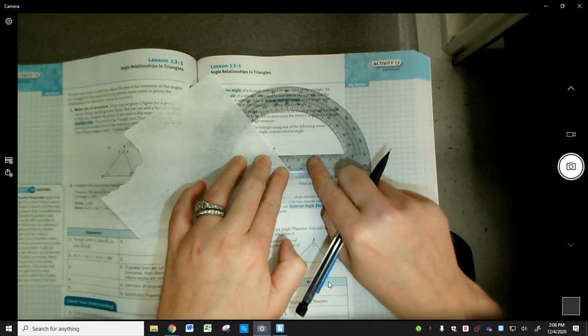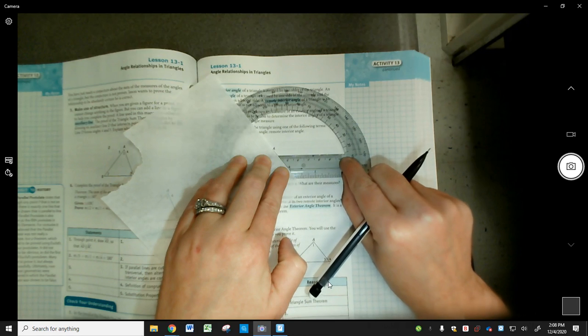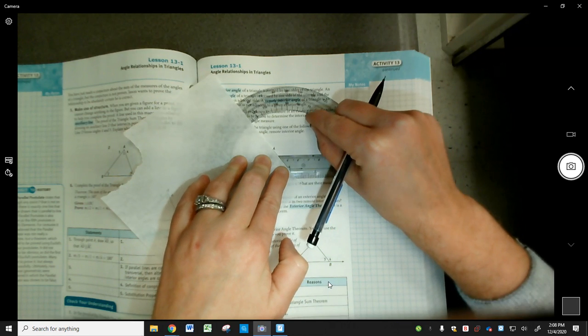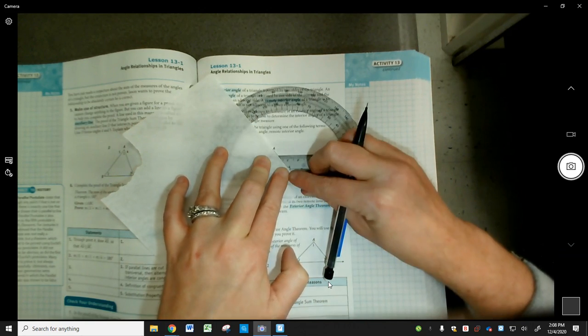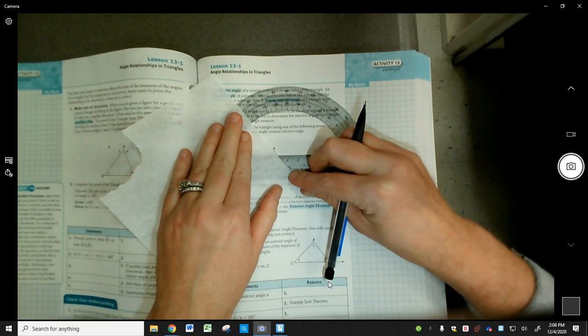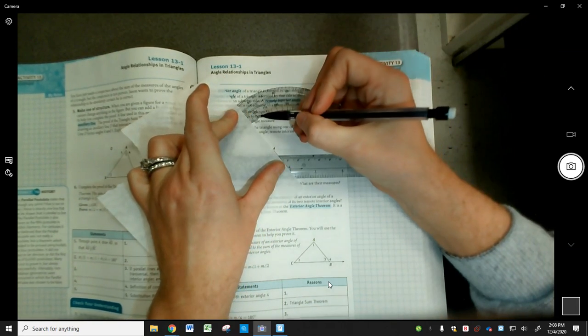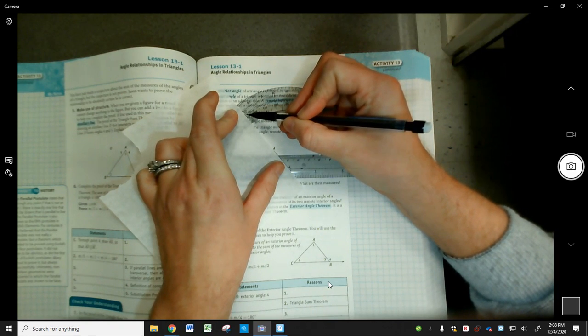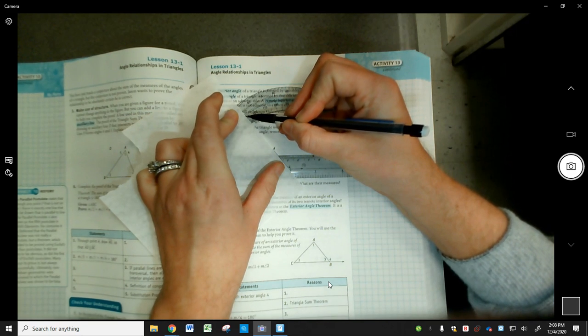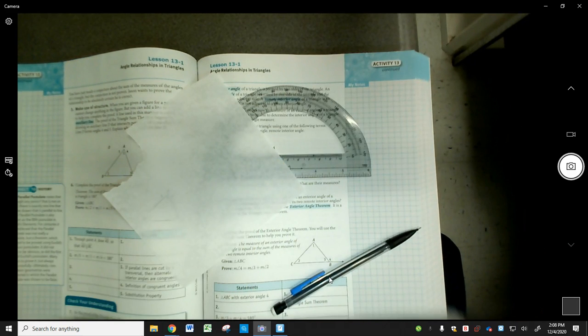And then let's look at angle 4. So we're measuring this angle here. We're again going to start with 0 and go around. And it is an obtuse angle, so we end up getting an obtuse measure. And so if you look, 120, 125, 126, 127, 128 degrees for that angle.